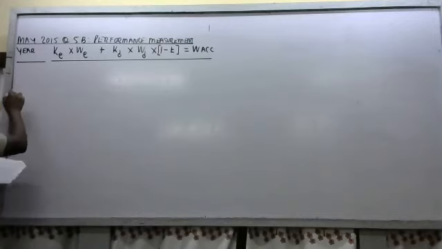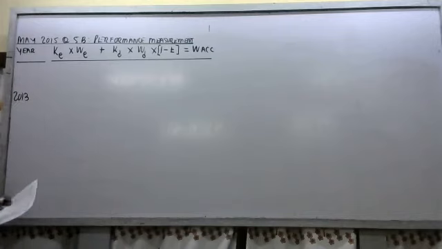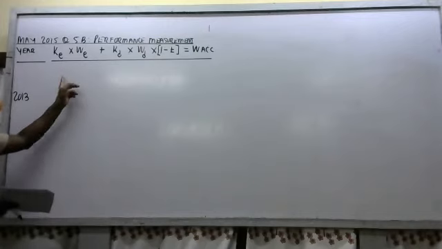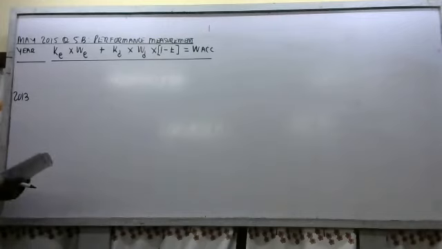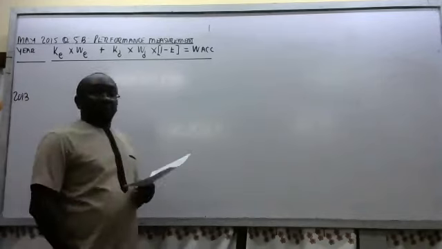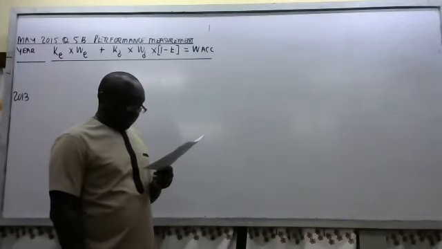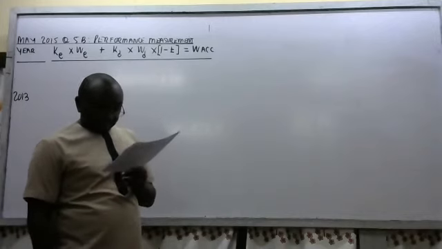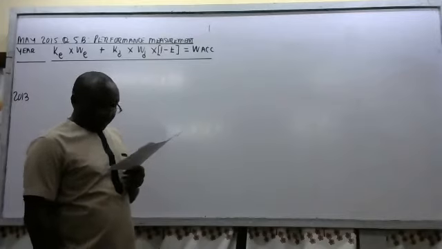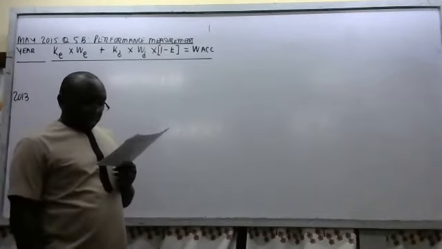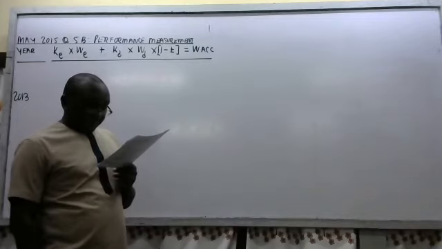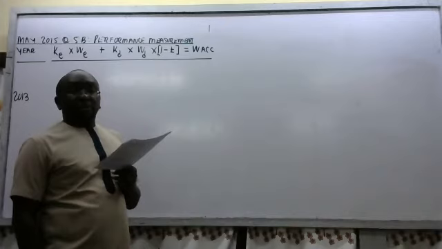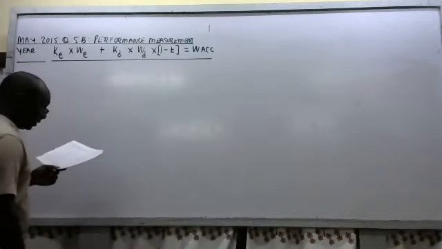So starting down here, we have the year 2013. In the year 2013, according to information 7, equity is 50%, and according to information 6, the cost of equity is 16%.